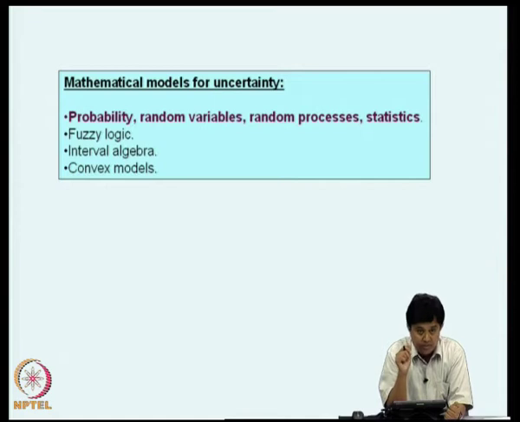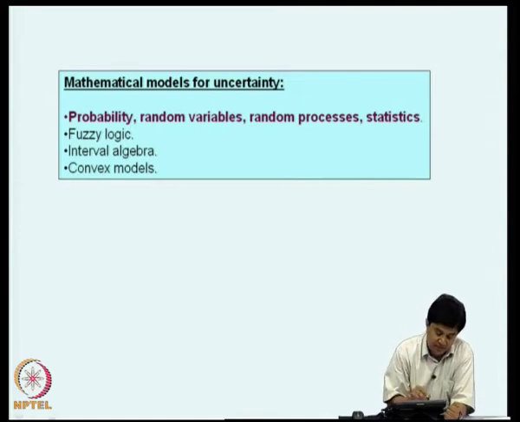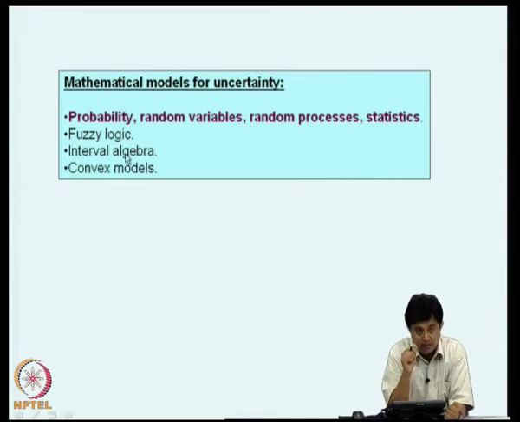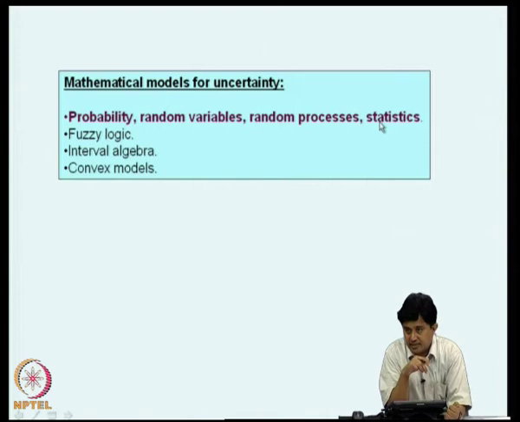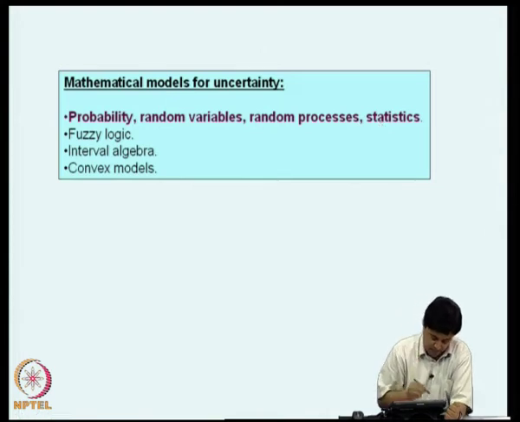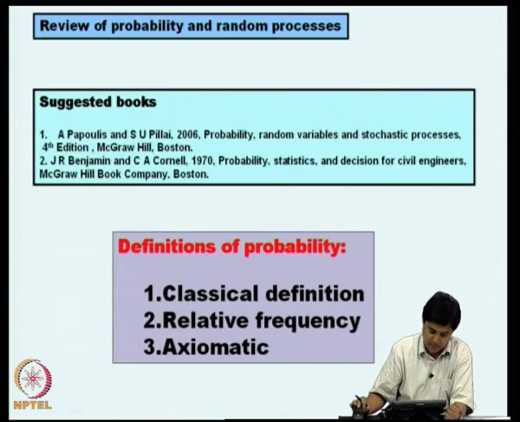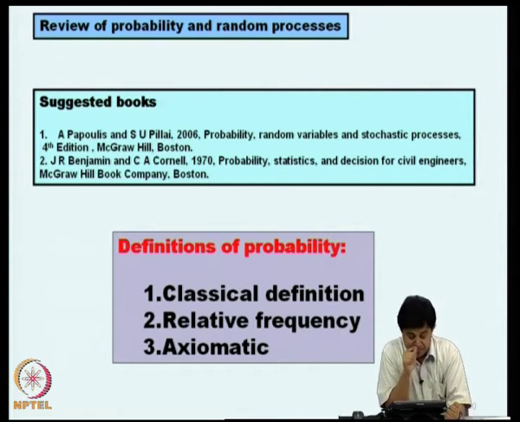There are other tools, for example, fuzzy logic, interval algebra, convex models, etc. As far as this course is concerned, we will be using probability, random variables, random processes and statistics. So, we will begin the course with a review of probability and random processes.